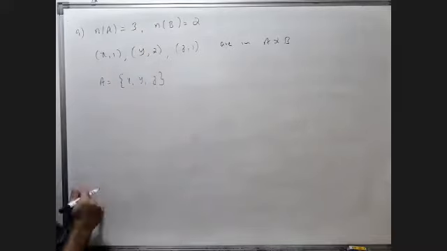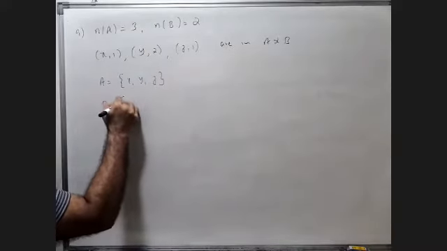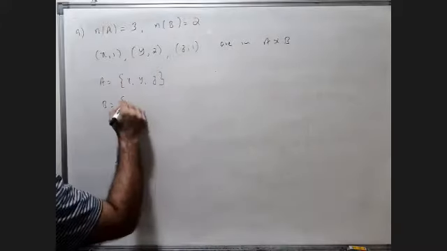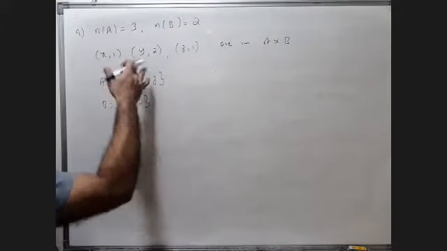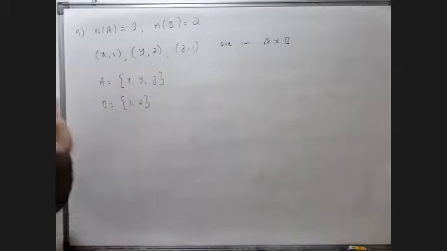These are 3 elements, and we know n(A) is 3. And set B has the second elements, 1 and 2. That's it. And it already has n(A) is 3, n(B) is 2.